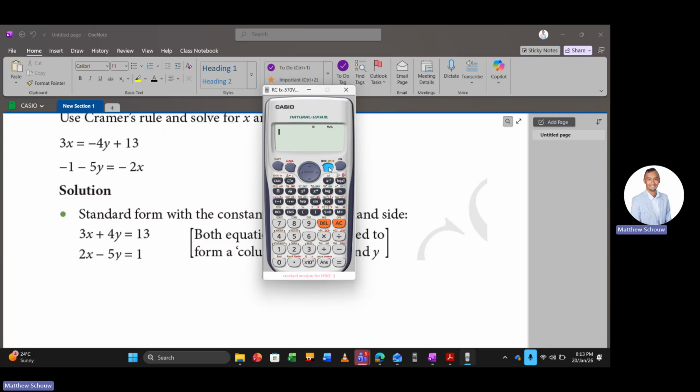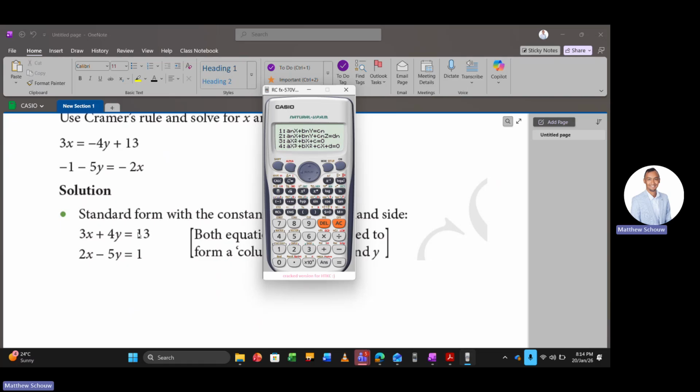You want to go to mode, you want to go to equation, and you want to go to the first one. That's very important. Look at the standard form: it'll be X and some coefficient, Y and some coefficient, equal to some constant. So it should be exactly the same over here.